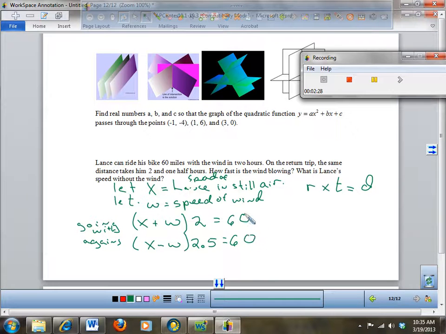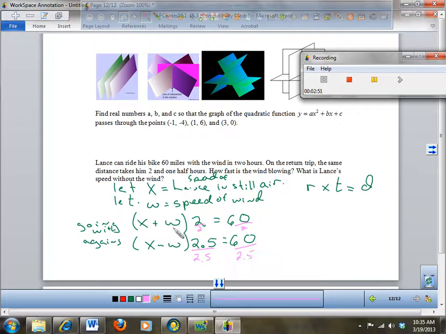Now to solve this system, some of you probably want to distribute and then use elimination or substitution, but it's easier in this case to divide the first equation by 2 and the second equation by 2.5 on both sides.